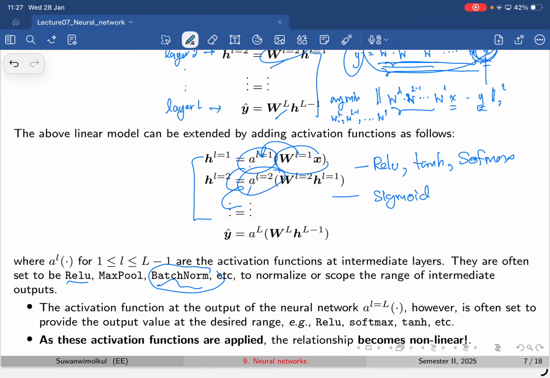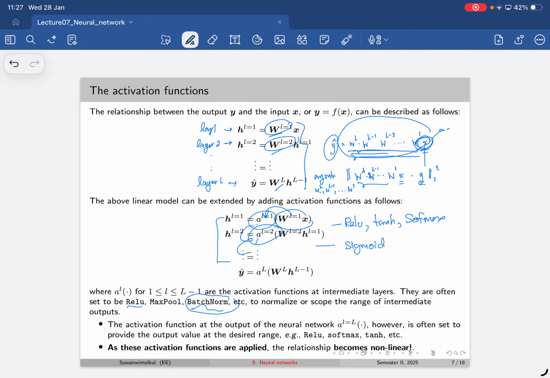But because in this lecture we won't go over that, just know batch normalization could help. And of course, if you have the nonlinear layer in between like this, then the relationship between y and x will become nonlinear, because that depends on how the activation functions behave.